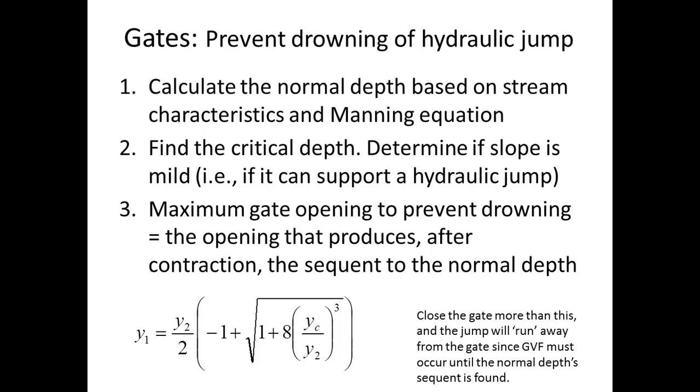So if we go over to our momentum depth diagram and then we go down, this is the normal depth for the conditions that we have in our channel, based on the n value, the slope, the channel geometry, Q. This is going to be some supercritical depth that is the sequent or the conjugate.